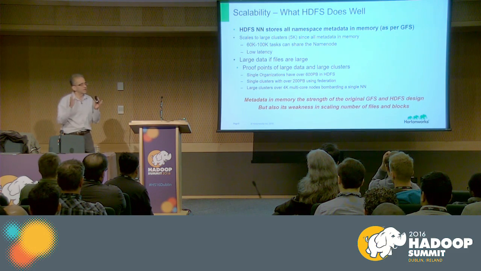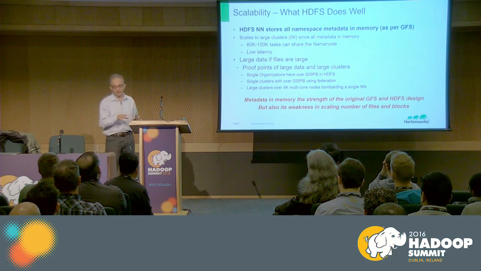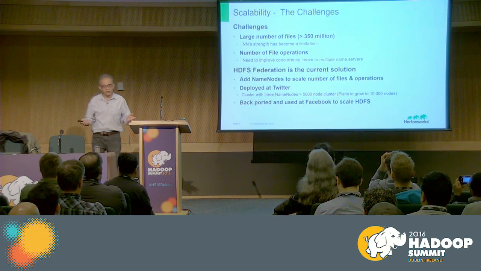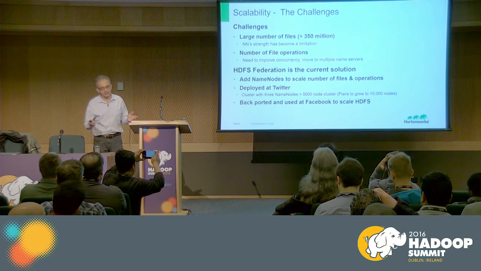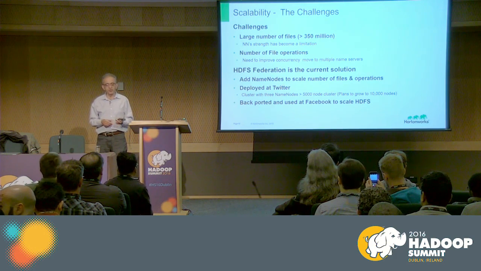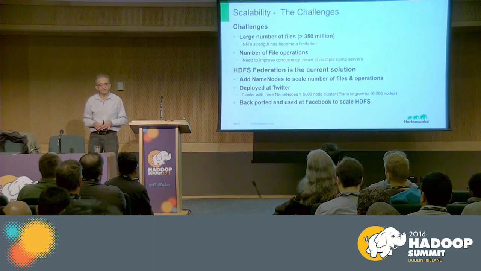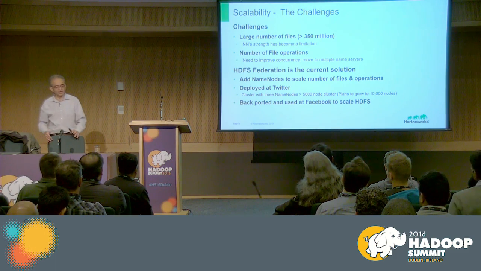All this works. The metadata being in memory is the strength, but it's also the weakness because it doesn't let you scale to a large number of files and blocks. Okay, so this challenge right now is that we can scale to about 350 million files. And if you want to improve on the number of operations, the number of files, the only solution currently available is federation. What it does is let you add multiple name nodes.